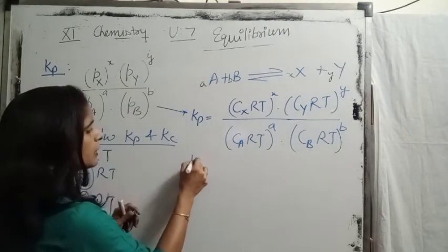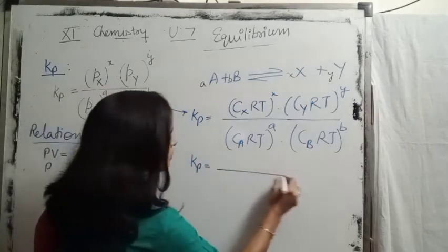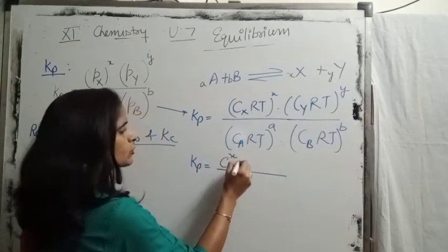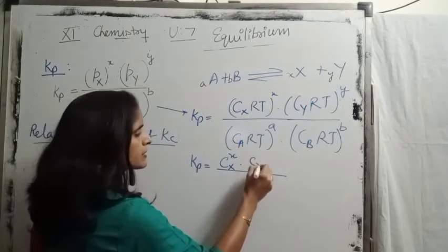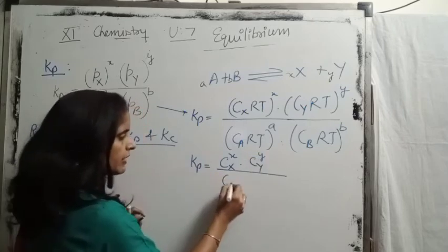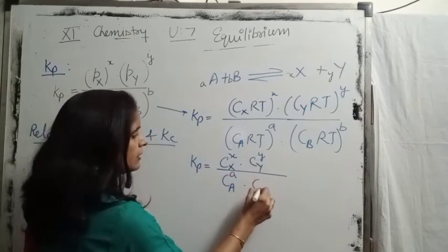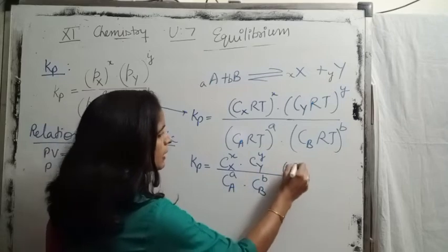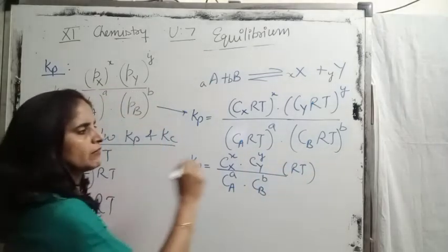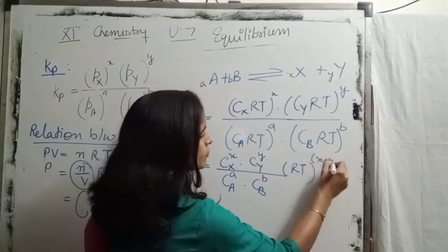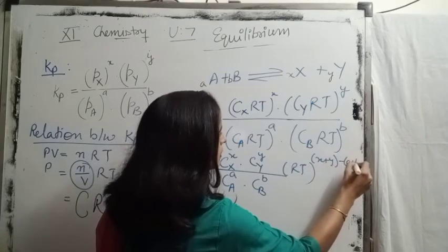So we may write Kp equals Cx raised to the power X into Cy raised to the power Y divided by Ca and Cb, into RT raised to the power X plus Y minus A plus B.